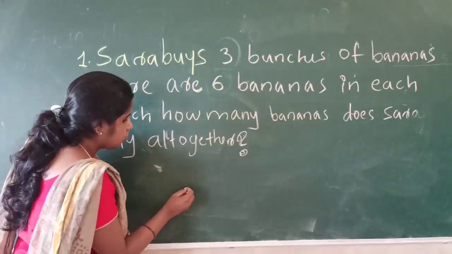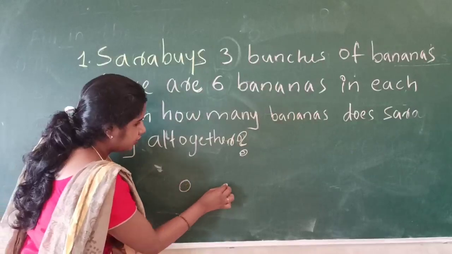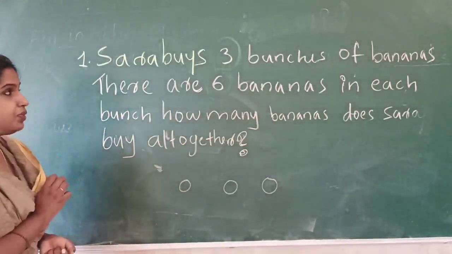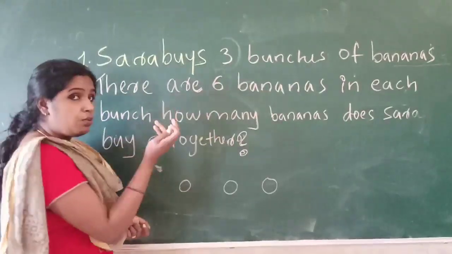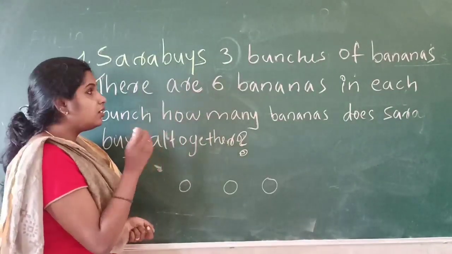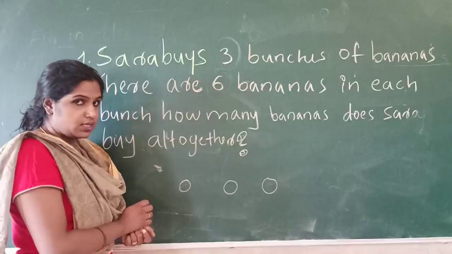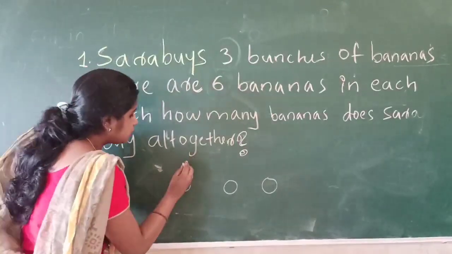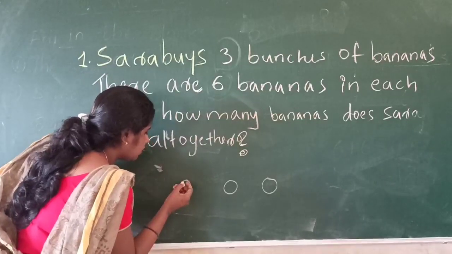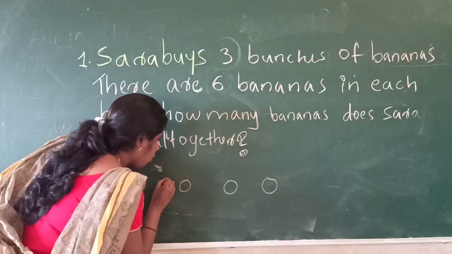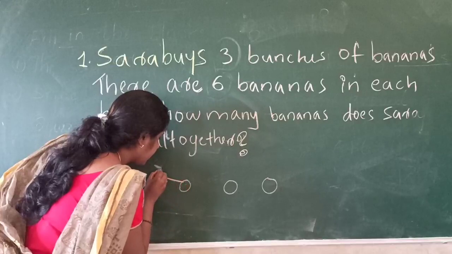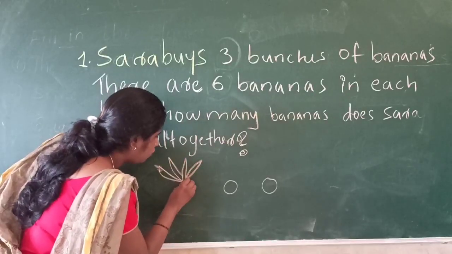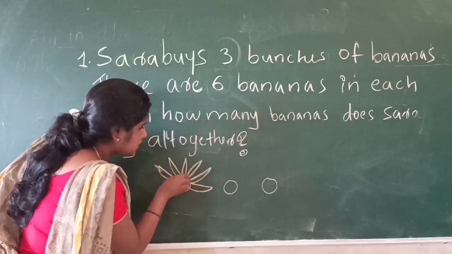Let's just draw 3 circles, 1, 2, 3. 3 bunches of bananas. In each bunch, how many bananas are there? Yes, 6 bananas. Let's draw 6 bananas here. 1, 2, 3, 4, 5, 6.